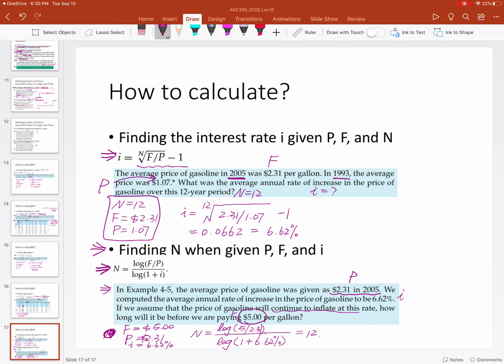Okay, so after 12 years, the price could be 5. Wait a second. We need to calculate it. Okay, so first we need to calculate the log.